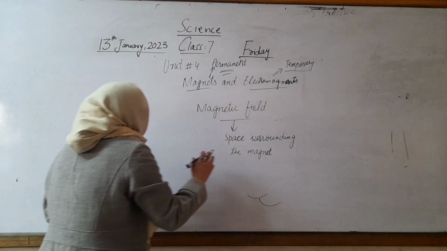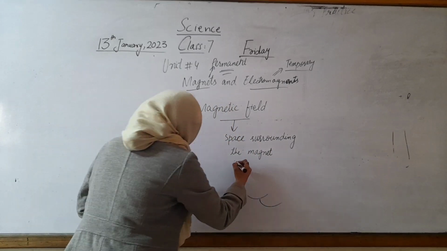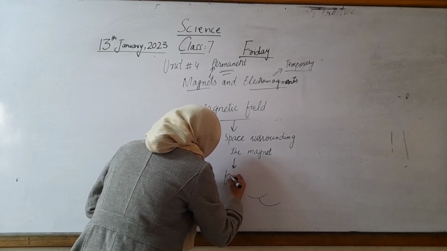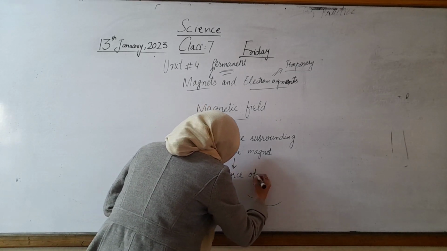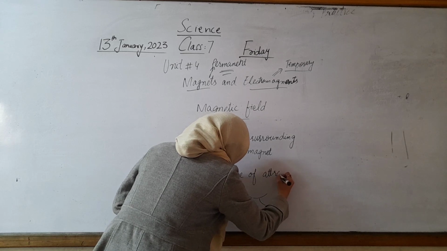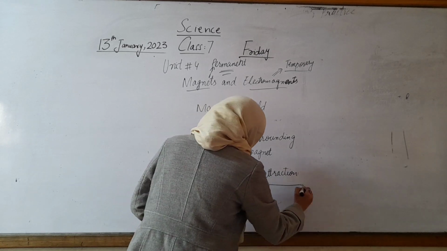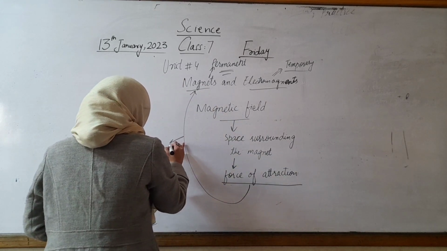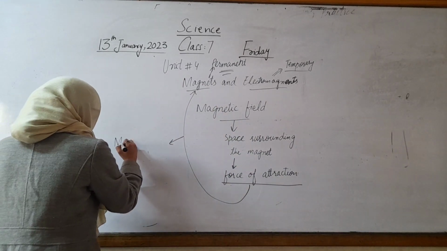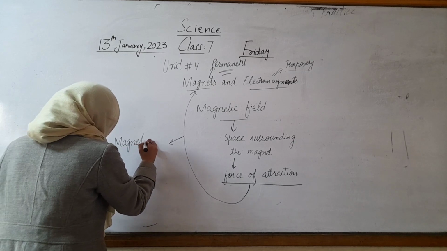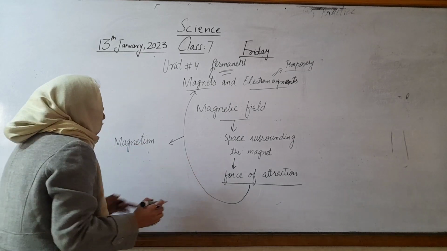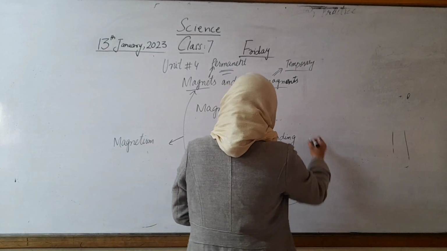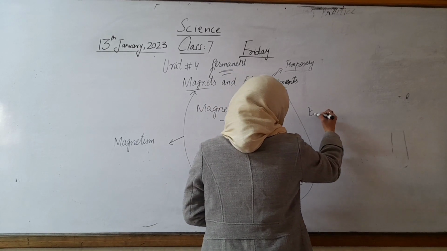The space that surrounds the magnet creates the force of attraction. The force of attraction with reference to magnets will be referred to as magnetism. Magnetism, okay? And the force of attraction with reference to electromagnets is called electromagnetism.